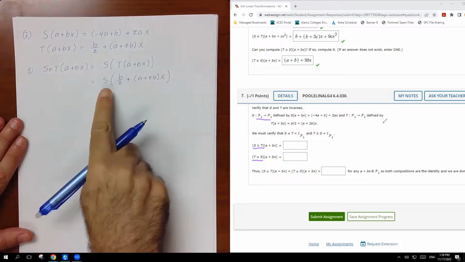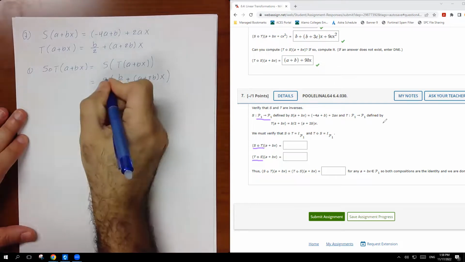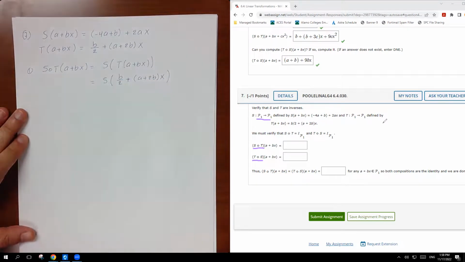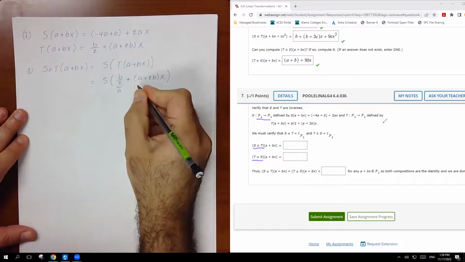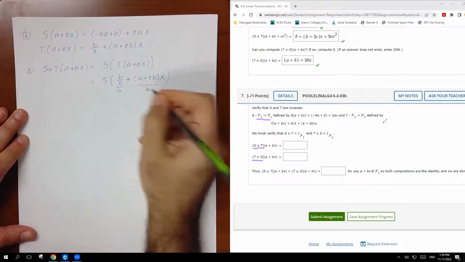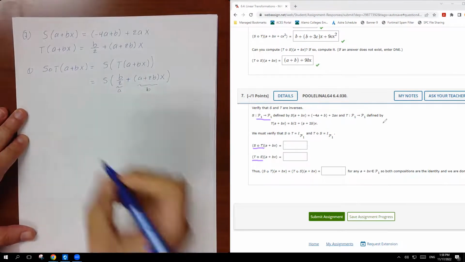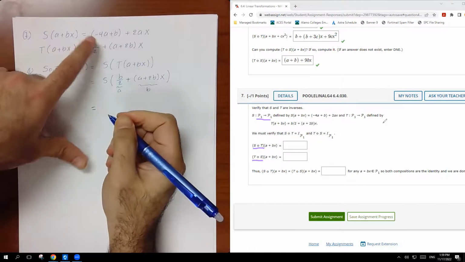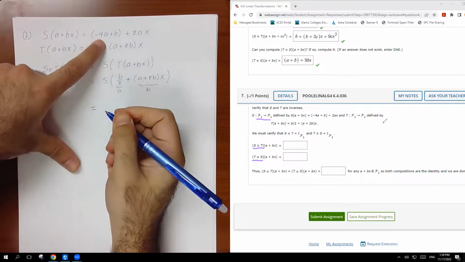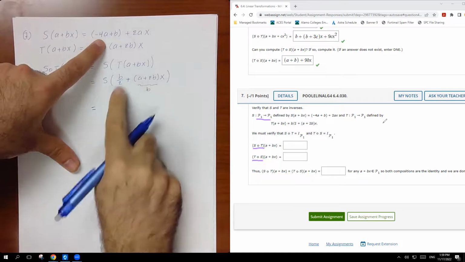Now, if I need to find the transformation S of this one, keep in your mind, this one is going to be the a, and this one is going to be the b. So to find the transformation, we're going to use S, which is going to be negative 4a. That means negative 4 times this one.